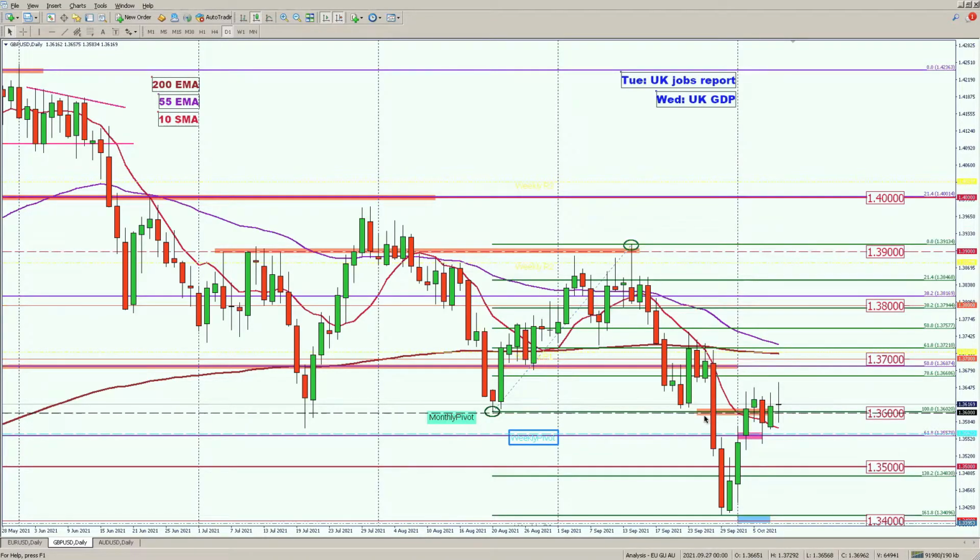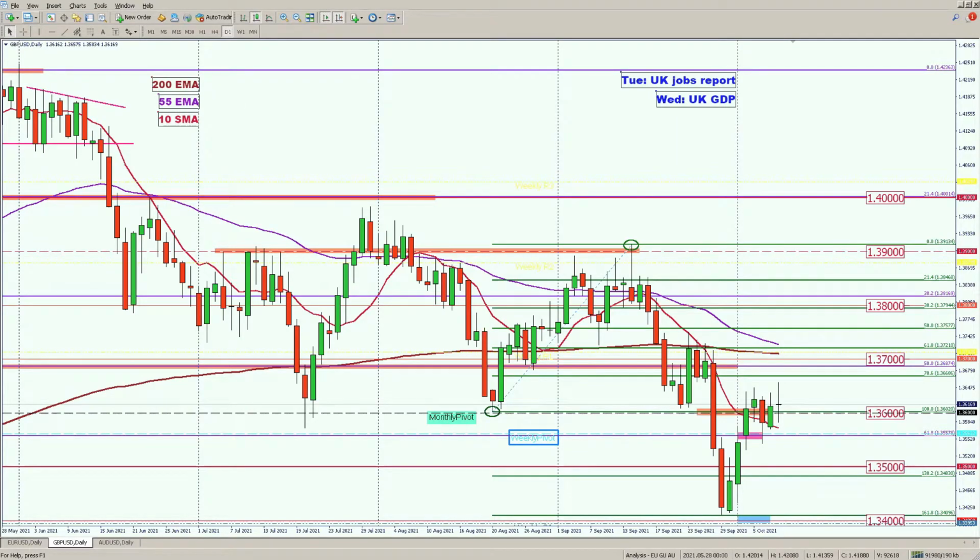So it managed to climb up above the monthly pivot, which was aligned with the round figure 136.00. So it just closed as a doji on the Friday.